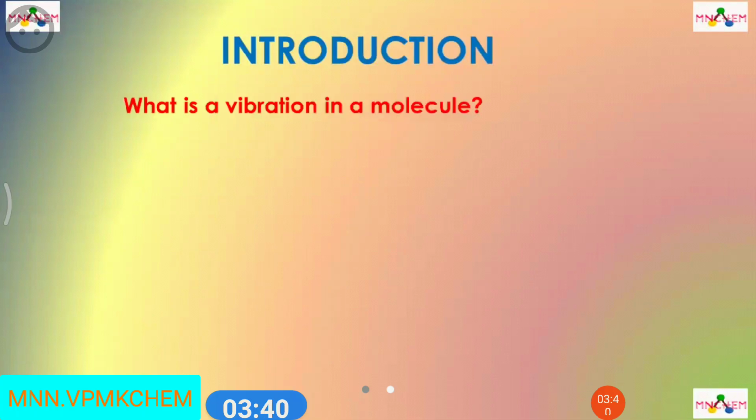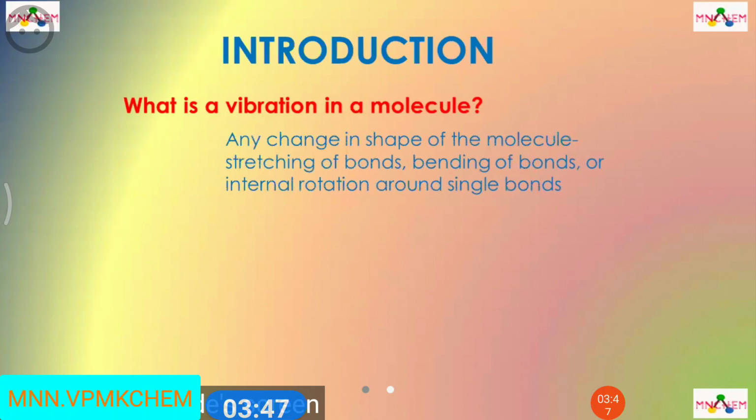First we need to understand what vibration in a molecule is. It can be defined as any change in shape of the molecule. That change can be because of stretching of a bond, bending of bonds, or internal rotation around single bonds.